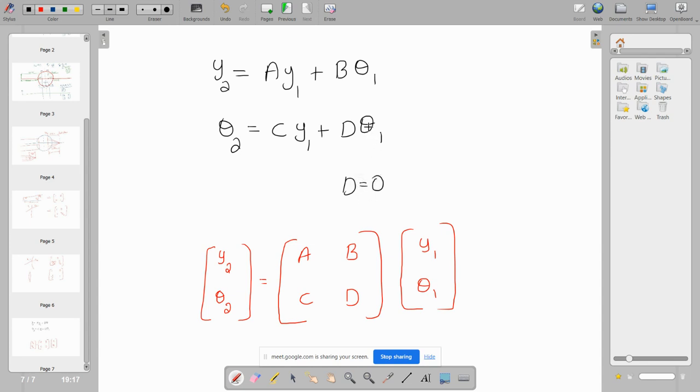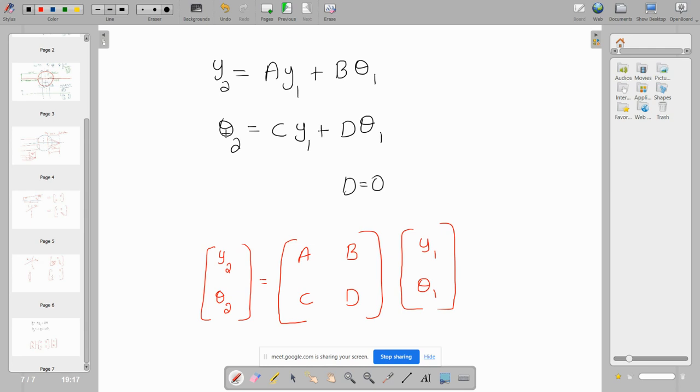If D is equal to 0, whatever the angle of a ray reaching the lens, they are saying that if the height is a particular value, then the angle of emergence will be the same.